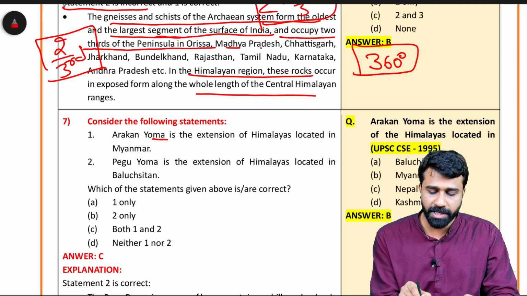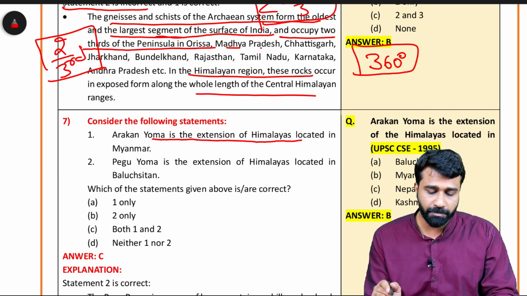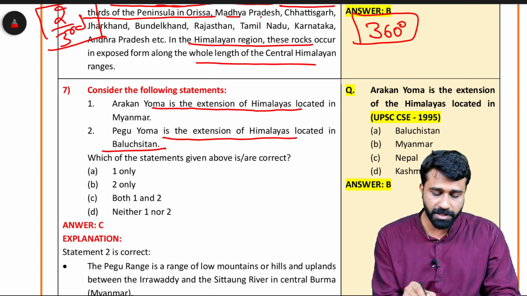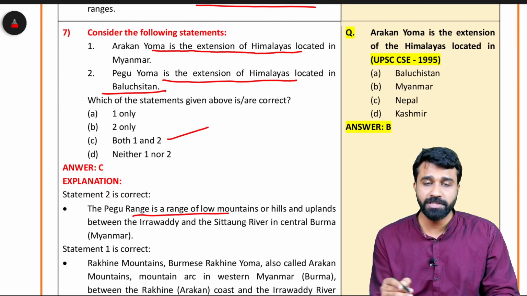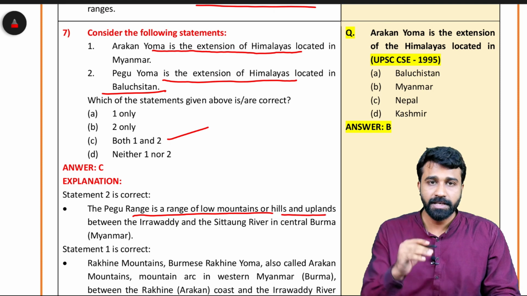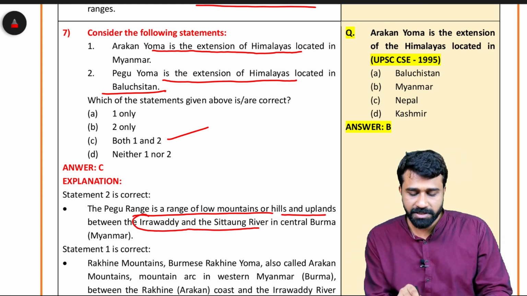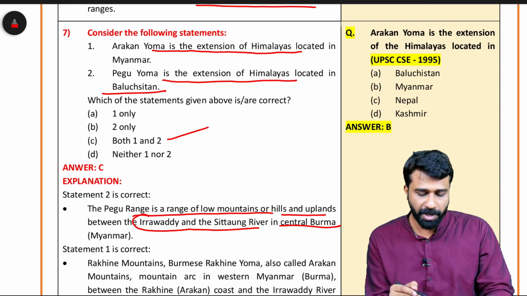Next, Arakan Yoma is the extension of the Himalayas located in Myanmar, and Pegu Yoma is the extension of the Himalayas located in Baluchistan. These are true because the Pegu range is a range of low mountains, hills or uplands between the Irrawaddy river and Sittaung river in central Burma, that is present-day Myanmar.